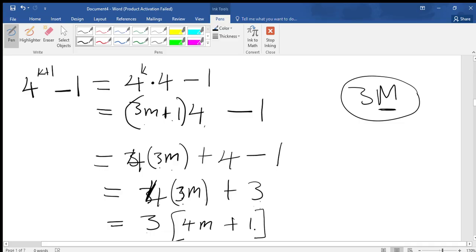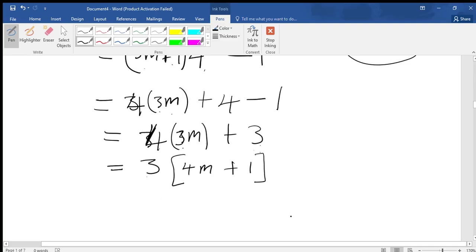So what do we have? This implies that 4^(k+1) minus 1 is equal to 3 multiplied by something. Hence, once the 3 is factored out here, the outcome is a multiple of 3, because every multiple of 3 can have the 3 factored outside.